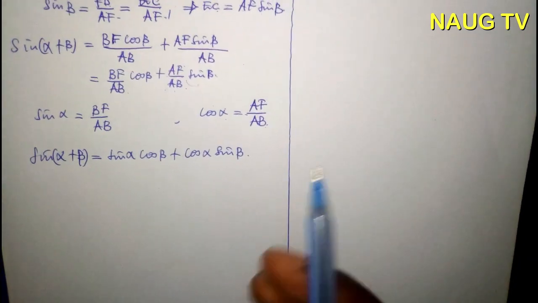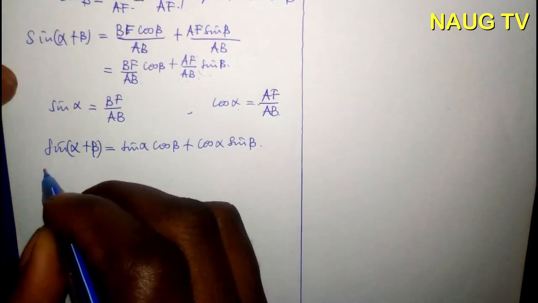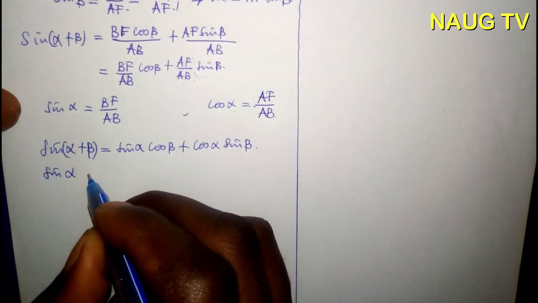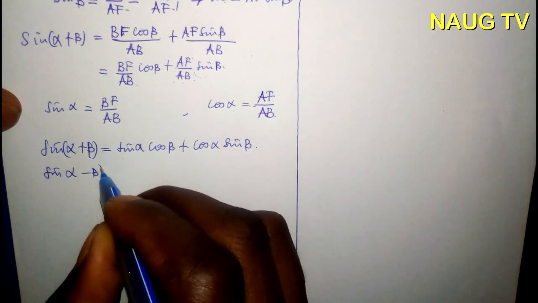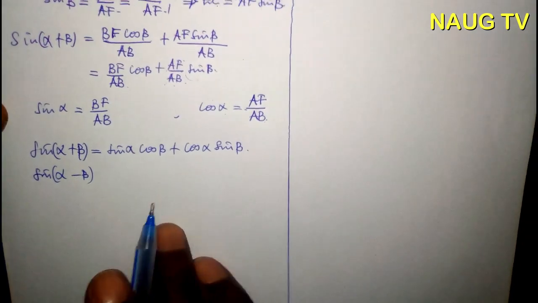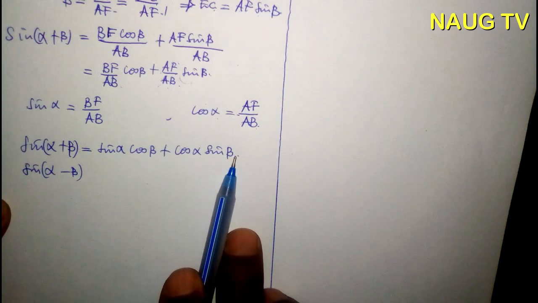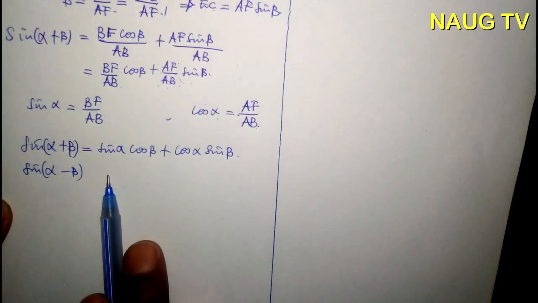So let's also see the sine of alpha minus beta, and I think this would be the same as this one, as we are going to replace the angle.